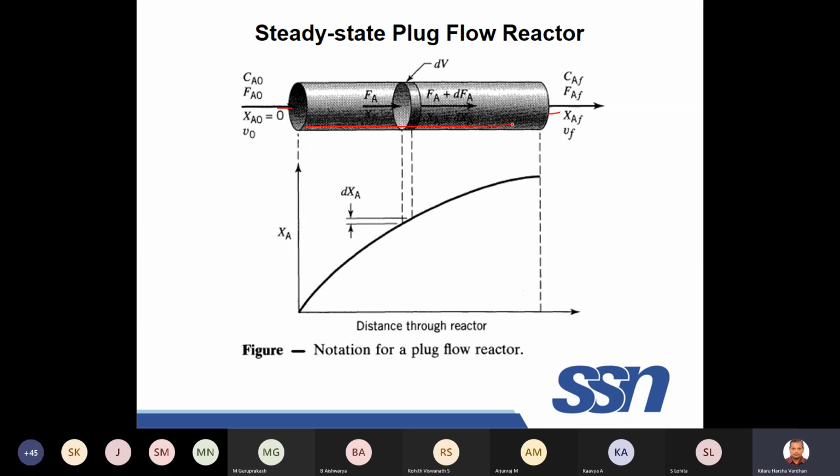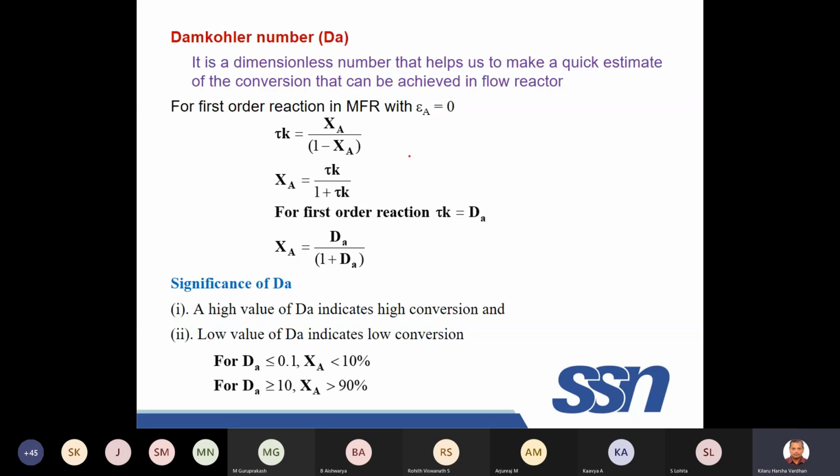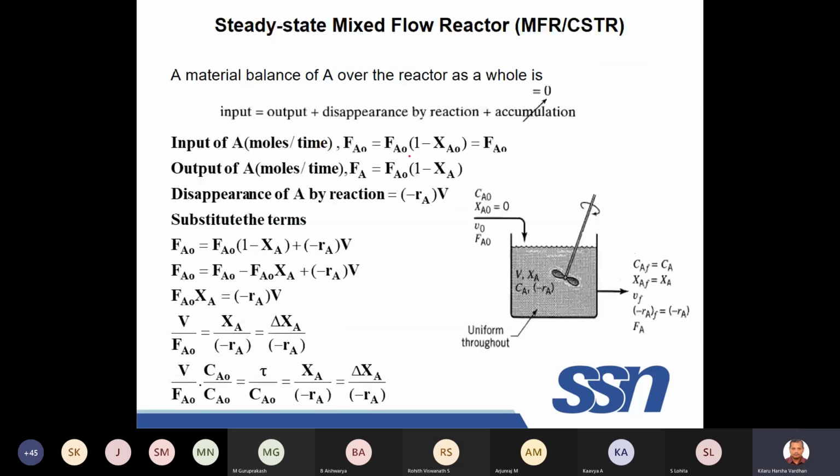Always some accumulation will be here, just like in PFR also you will have something. Here also you are putting accumulation 0. I think I answered that question earlier.